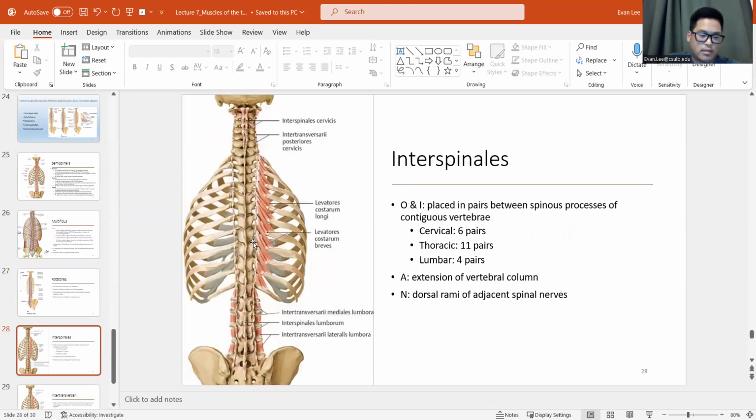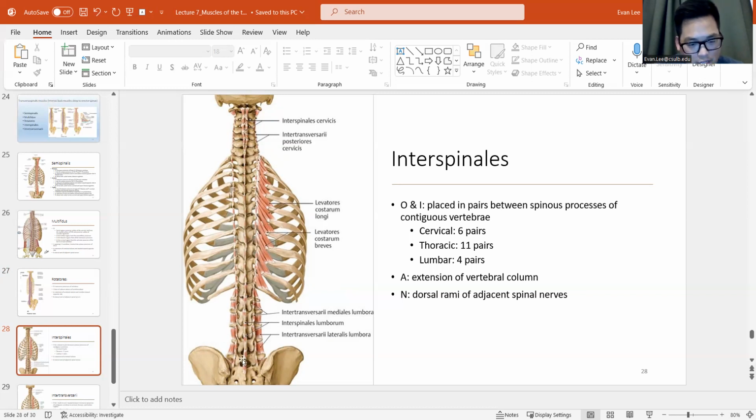Now, the last couple muscles we have here are luckily pretty intuitively named, in contrast to multifidus. In this case, you just have interspinalis and intertransversari. So interspinalis is going to be between spinous process and spinous process, directly from one spinous process to the next.